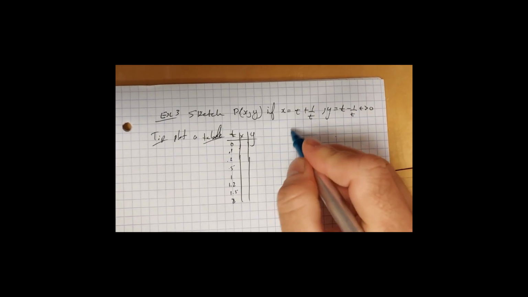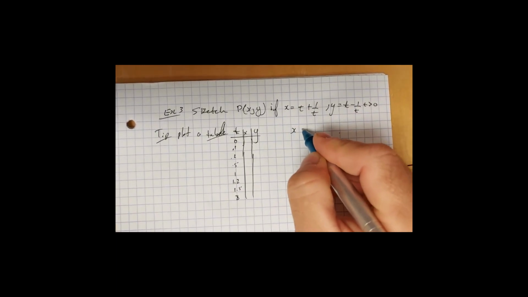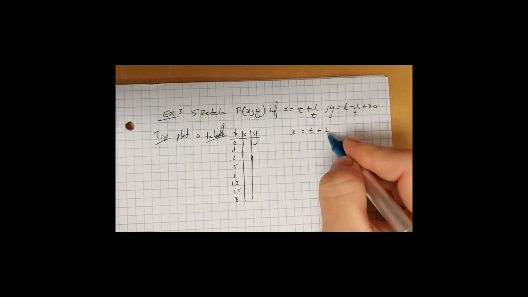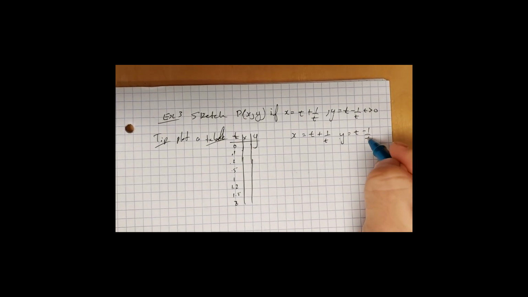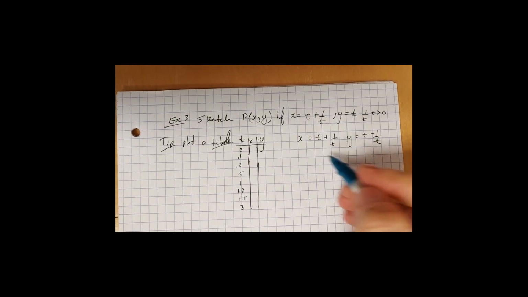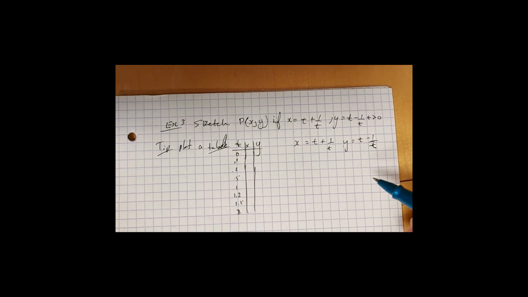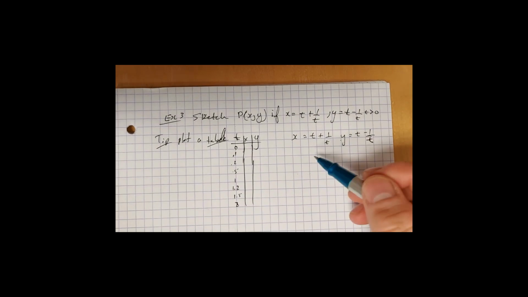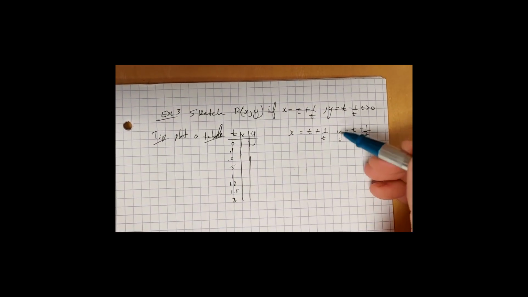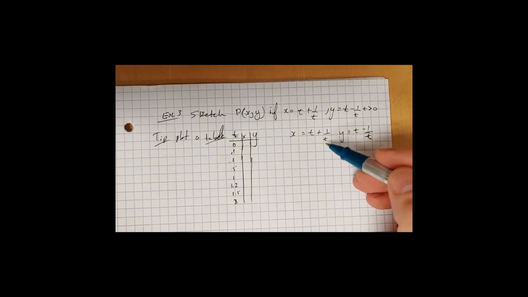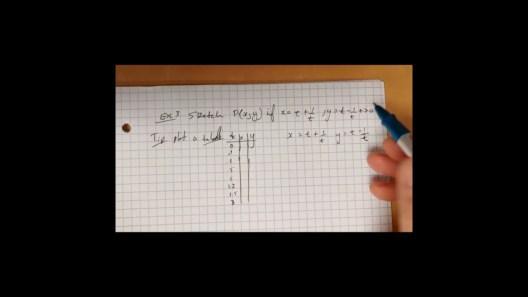Okay, so x is equal to t plus 1 over t, and y is equal to t minus 1 over t. Eliminating the parameter, there are different ways you can go about it. A lot of times it involves isolating or solving for a variable and plugging back in for the other one.